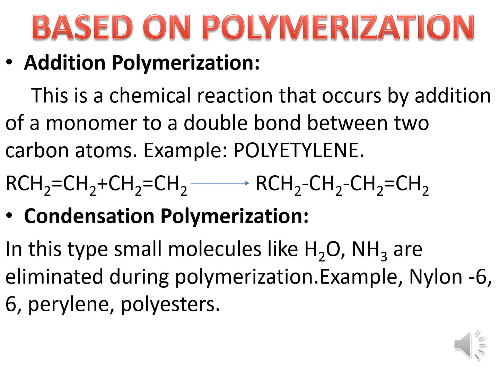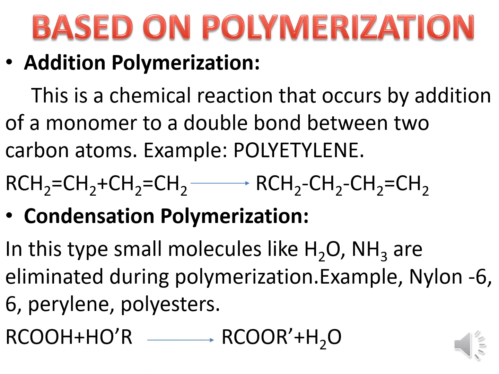In this type, small molecules like water or amide are eliminated during polymerization. This is a polymerization reaction in which two or more molecules combine, resulting in elimination of water or other simple molecules. Example, nylon and polyesters.